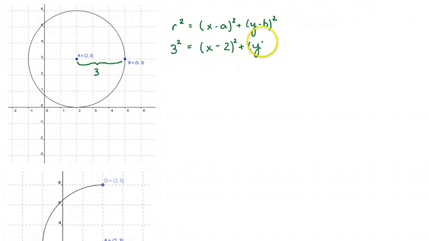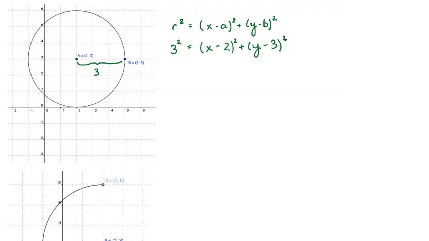So therefore, this is a full circle, so I'm going to write it in this form: r squared is equal to x minus a squared plus y minus b squared, where r is the radius and a and b are the center. So I can say 3 squared is equal to x minus 2 squared plus y minus 3 squared.